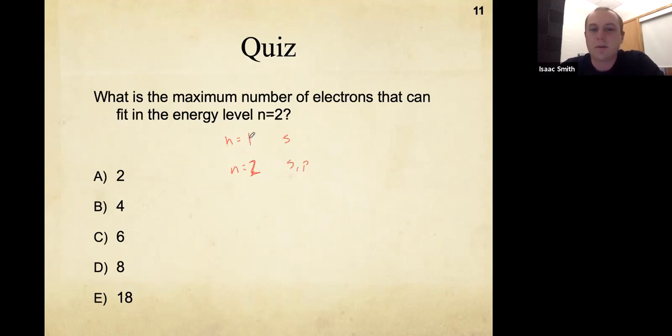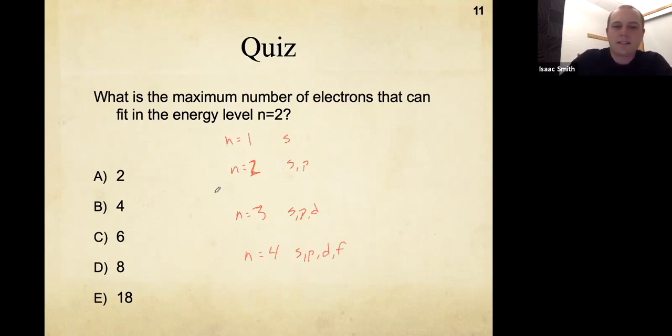So you just remember when there's a 1, there's only 1 sublevel available. When there's a 2, there's 2 sublevels available. N equals 3 means there's 3 sublevels available. And so we have the s, the p, and the d. And then n equals 4, which is as far as I'm going to really ask you to do anything with, is 4 sublevels. So that would be the s, the p, the d, and the f.